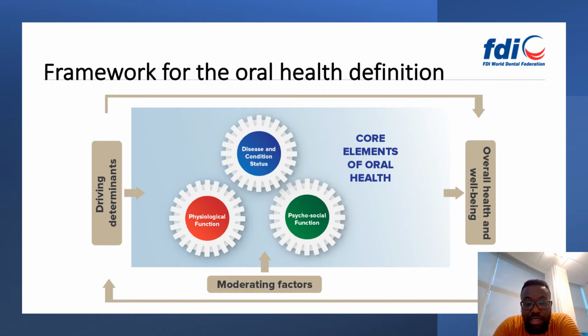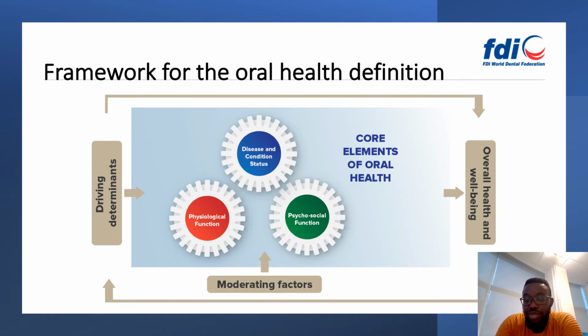Now, while these driving determinants are impacting and acting on these elements, they are being moderated by some moderating factors, and everything will come together to give you overall health and well-being. So what will be the outcome of the individual's health?